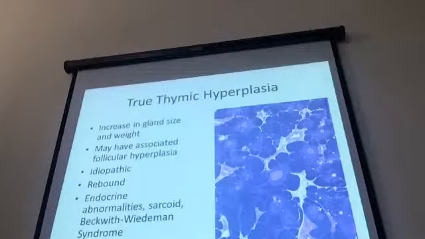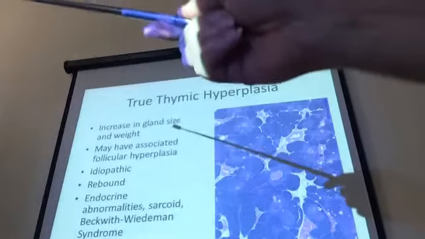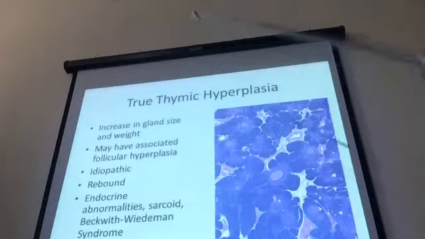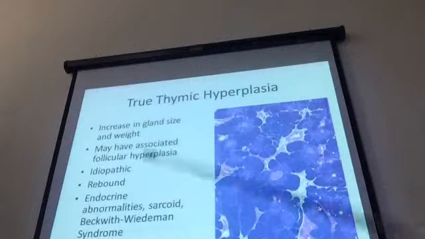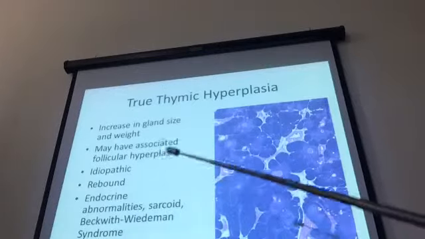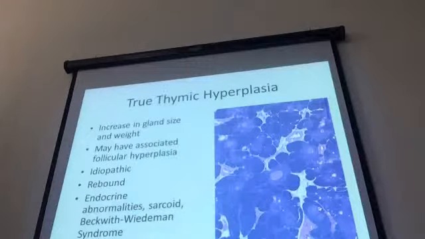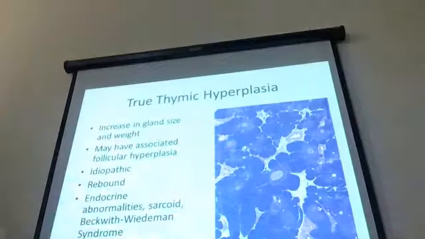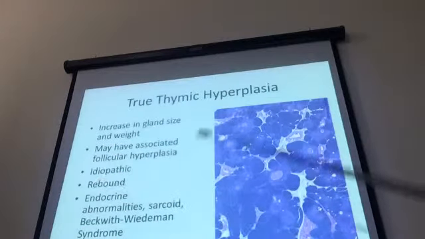True thymic hyperplasia is increased gland size, and this is low power. There are no follicles here. So true thymic hyperplasia may have associated follicular hyperplasia, but not always, as in this picture.